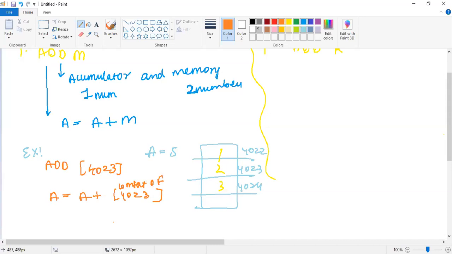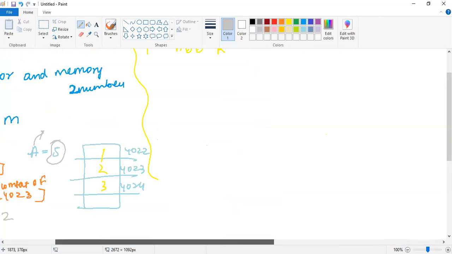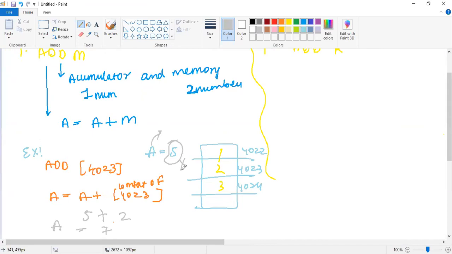The content of A is 5. One number has been stored in the accumulator, and the second number is stored in memory location 4023, which holds 2. The answer will be 7. So this number has gone, and now your A will become 7.